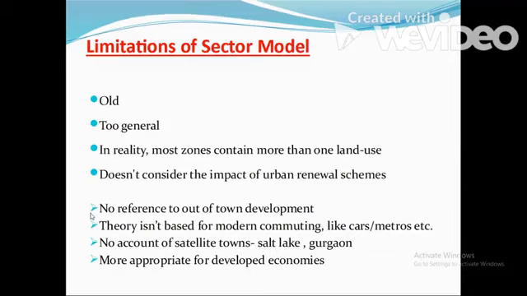They are self-sufficient in the sense that they have their own offices, they have their own everything. So people don't need to come out of these zones. They can commute to these zones, they have their own commercial activities, own residential activities, everything. So those things have not been taken into account, and this is more for a developed economy.